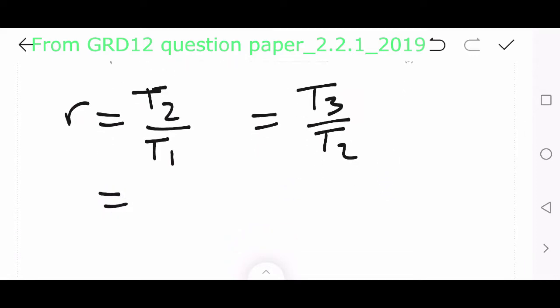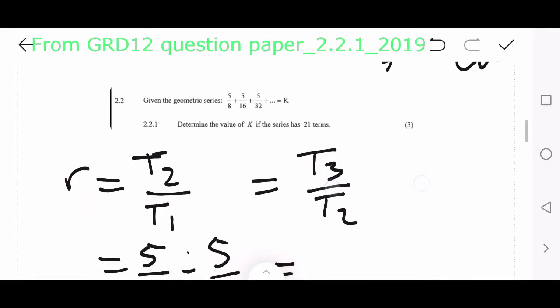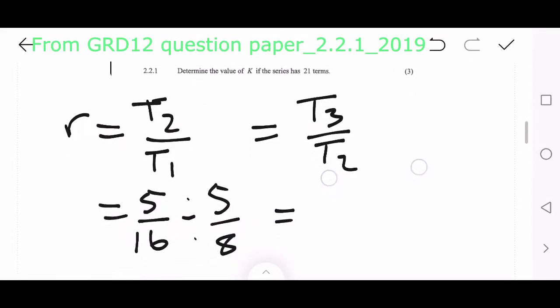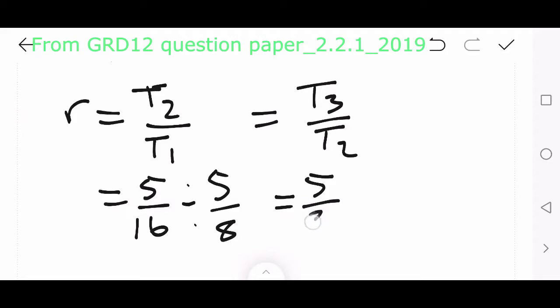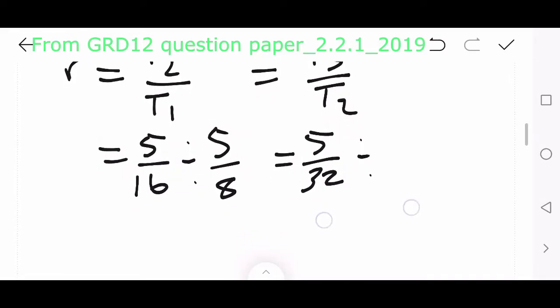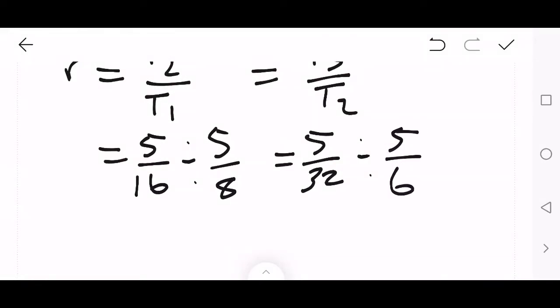So that will be equal to 5 over 16 divided by 5 over 8, and the other one for t3, which is 5 over 32, divided by t2, which is 5 over 16. So our constant ratio is 1 over 2.